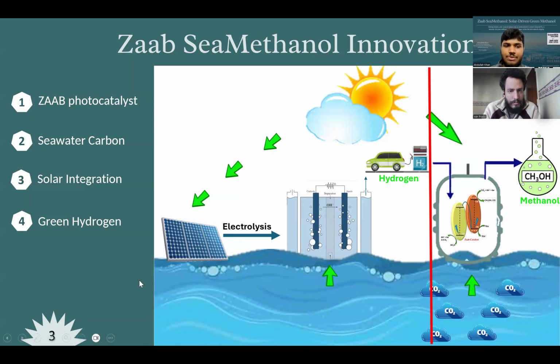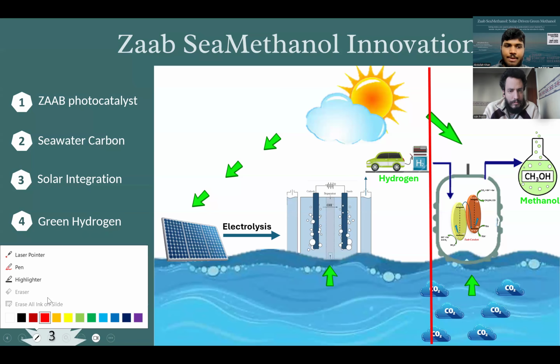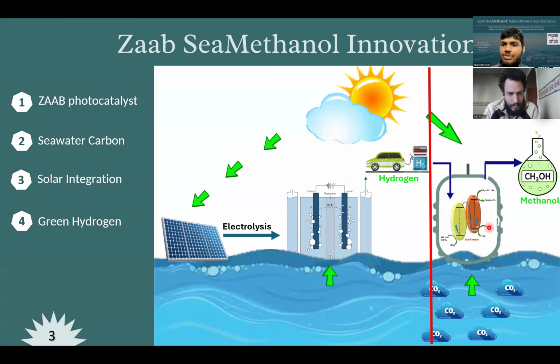So this is the diagram, and here we have the photocatalytic reactor in which CO2 goes along, and we have the photocatalyst. This photocatalyst plays an important role in converting the CO2 to methanol.